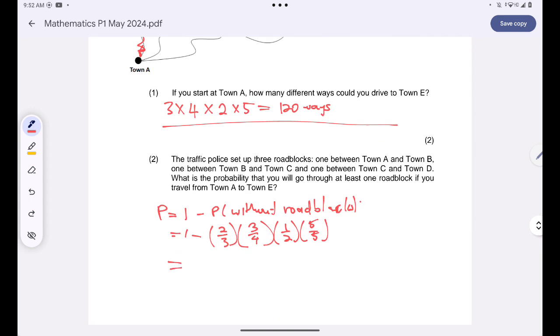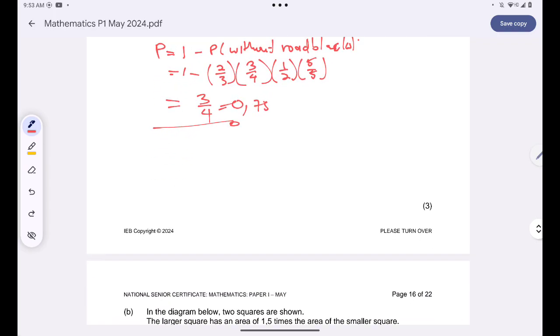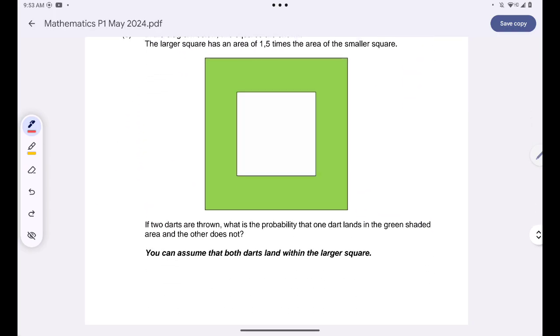So whenever I punch this on my calculator, I will get the answer that they want: 1 minus 2 over 3 multiplied by 3 over 4 multiplied by a half. I'll simply get 3 over 4 as my probability, or 0.75 if I want to write it in decimal form.